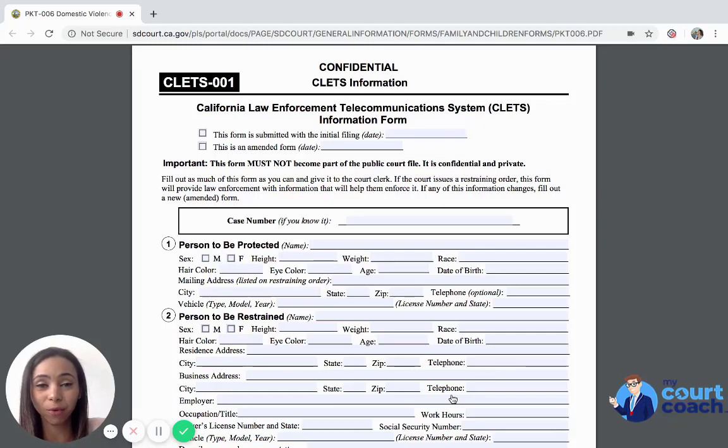I'm Jalen, and I'm going to be your instructor as we talk about this confidential California Law Enforcement Telecommunications System information form.